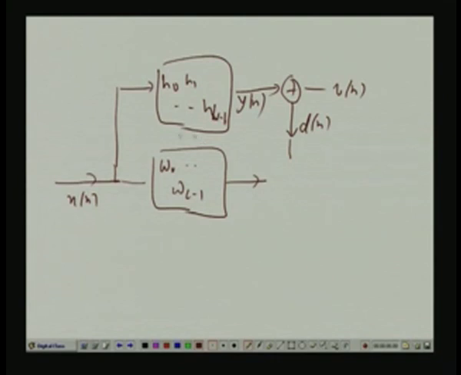Okay. Now, what is the optimal filter here? That filter which corresponds to what? The orthogonal projection of Dn on what? On the space spanned by Xn, Xn minus 1 up to Xn minus L plus 1.